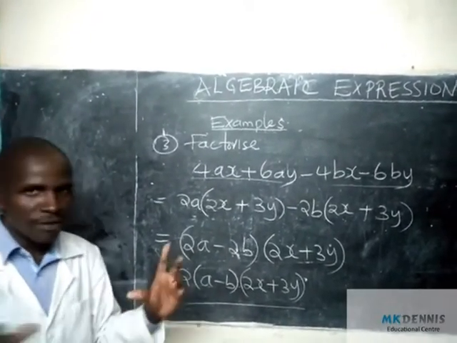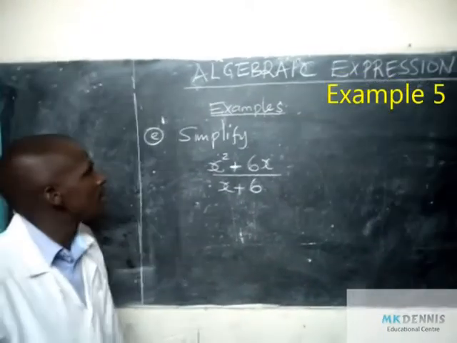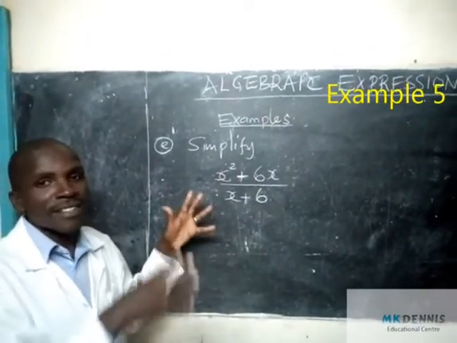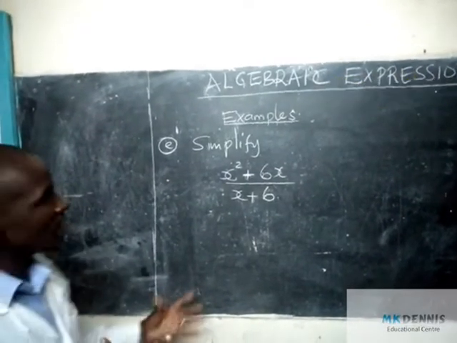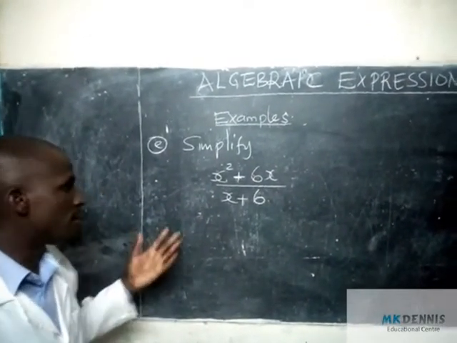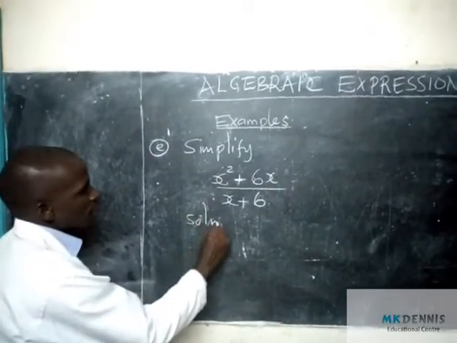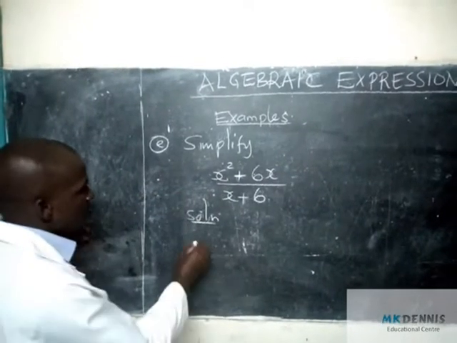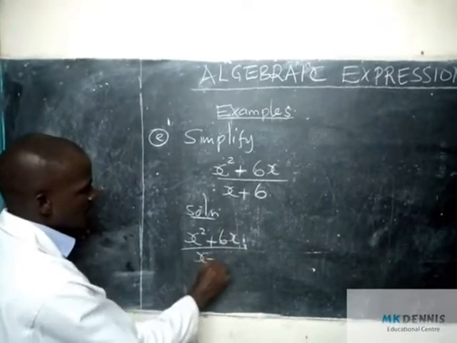It is very correct. Thank you. In our fifth example, we are to use factorization to simplify this expression. This is now application of the factorization which we have learned. To solve it, you have to factorize first. We have x squared plus 6x over x plus 6.